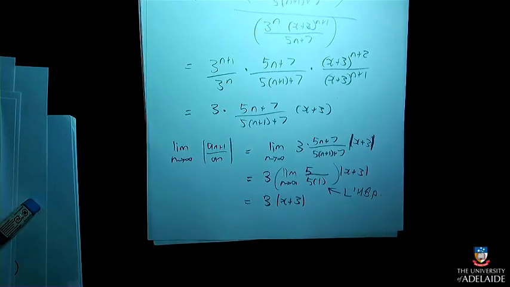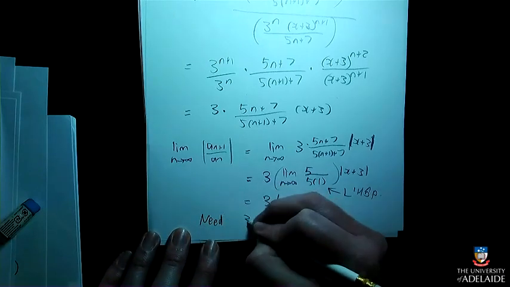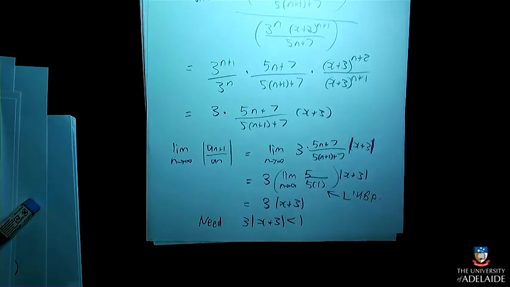Okay, so this is only going to converge if this answer comes out to be less than 1. We need that answer to be less than 1 in order to converge.